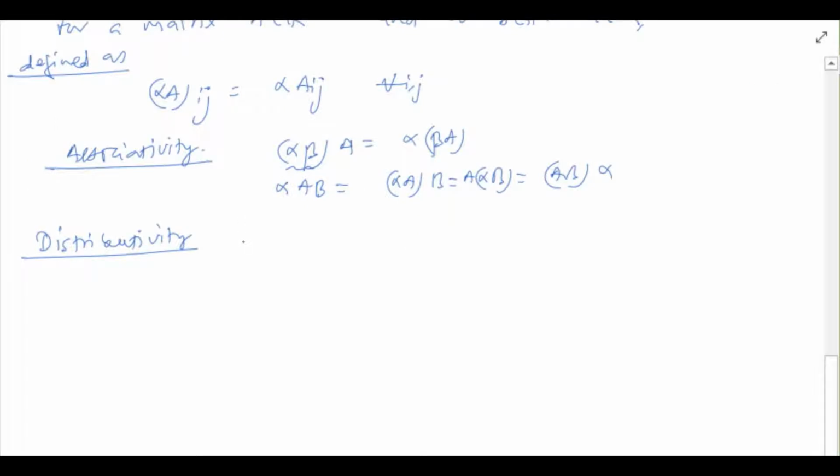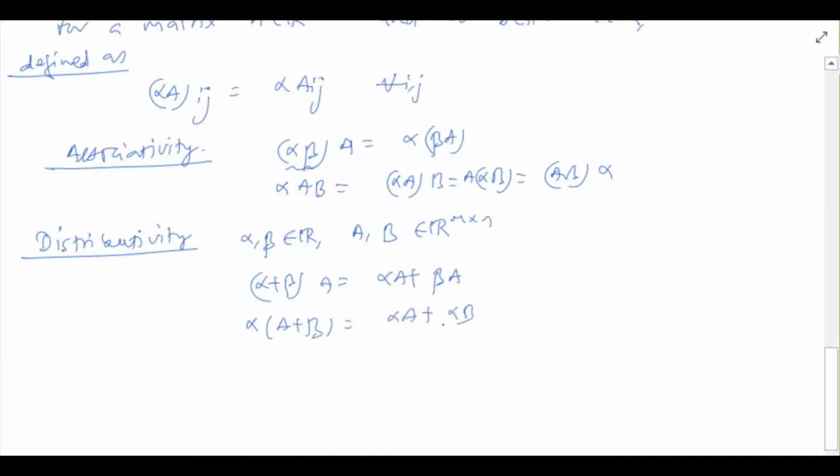This property says that given real numbers alpha, beta and matrices A, B, say both m cross n matrices, alpha plus beta times A is alpha A plus beta A, and alpha times A plus B is alpha A plus alpha B. These properties together are called distributivity properties.